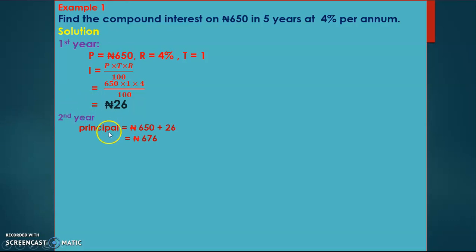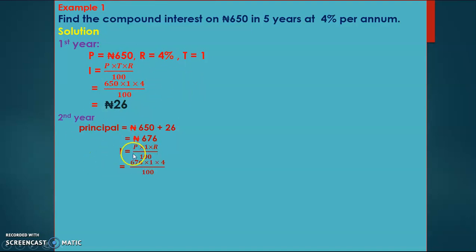In doing this, we are going to calculate the new principal by adding the old principal, which is 650, to the interest we got in the first year, and it will give us 676 as the principal we are going to make use of in the second year. And this is the calculation here.